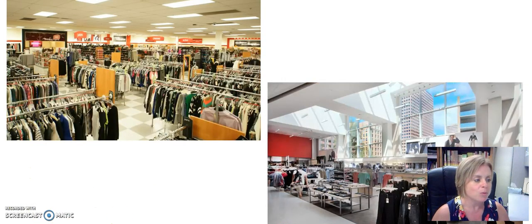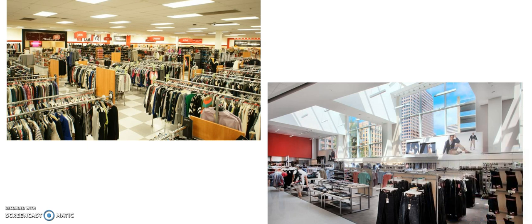The one on the left, you may like good deals that come from TJ Maxx, but that store is kind of stressful to be in for some of us. So there's some organization to it.